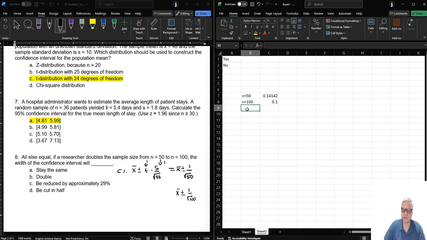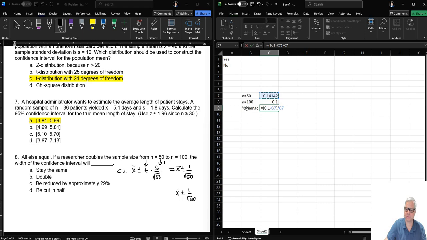So how much smaller is that? So we calculate the percentage change. The percentage change is the new value, 0.1, minus the old value, which is 0.1412, divided by the old value.